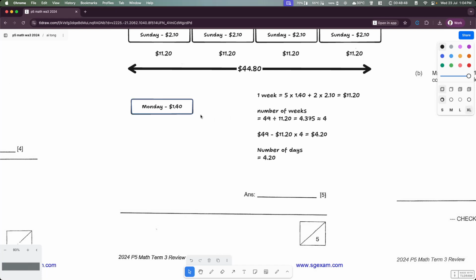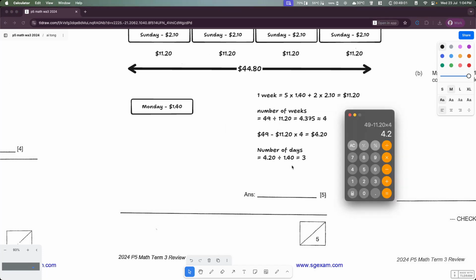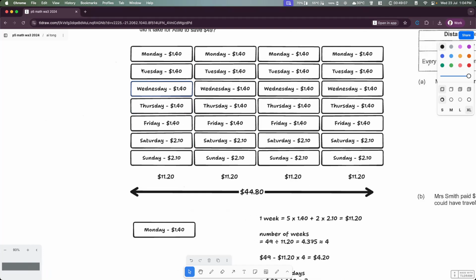Then we divide by 1.4, right? So let's have this divide by 3. Sorry, 1.4. I already gave the answer. This is 3. Okay, if I were to use the calculator, so divide by 3, 1.4 is 3. So we have Monday, Tuesday, and Wednesday.